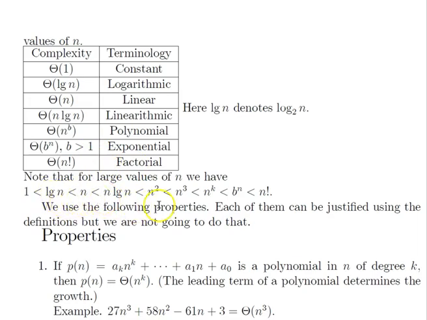For large values of n, we have this ordering. The fastest growing function is n factorial, then b to the n, and so on. And the constant function is, of course, the least growing.